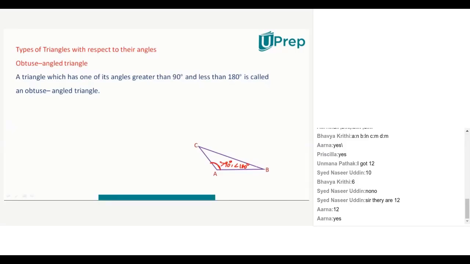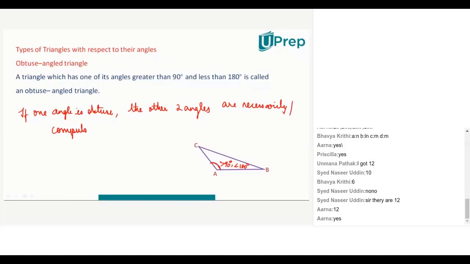Now, my question is, can I say that if one angle is obtuse, the other two angles are necessarily acute? Can I make this statement? Yes, sir. Why?